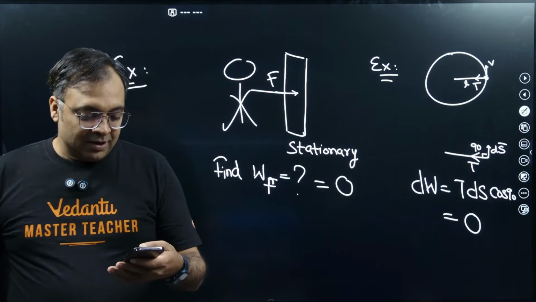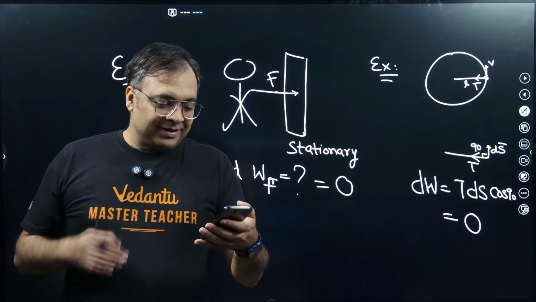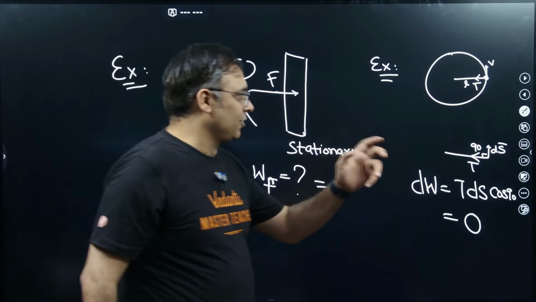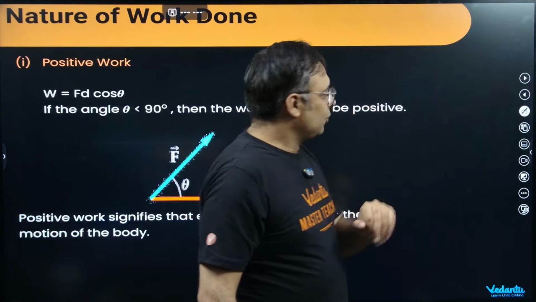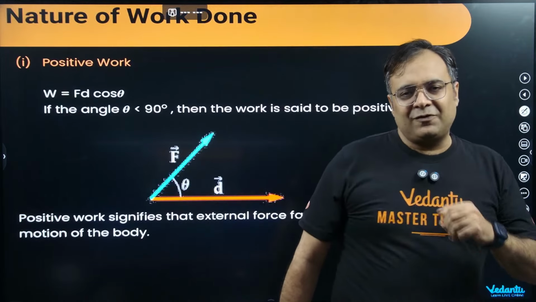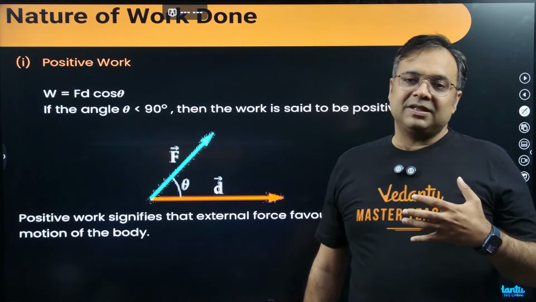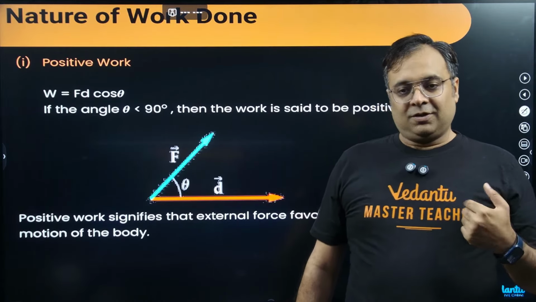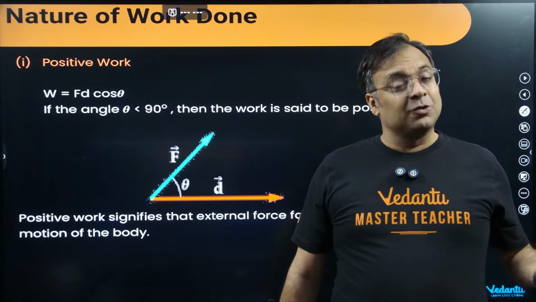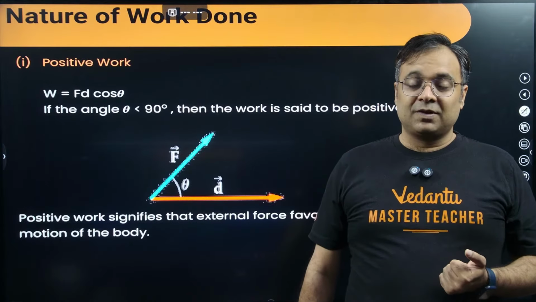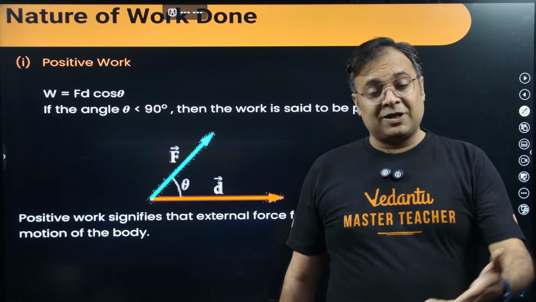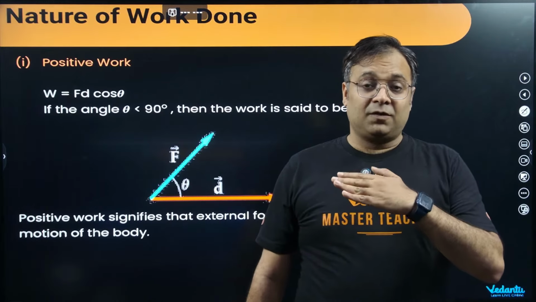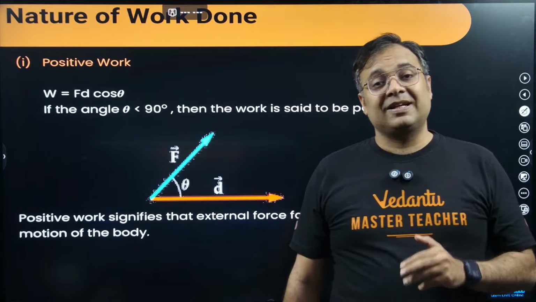Now, what is the physical feeling I want to develop in your mind? When we say that the work done by a force is positive, mathematically, theta is acute. When we say work done is negative, the angle between the force vector and the displacement vector is obtuse.